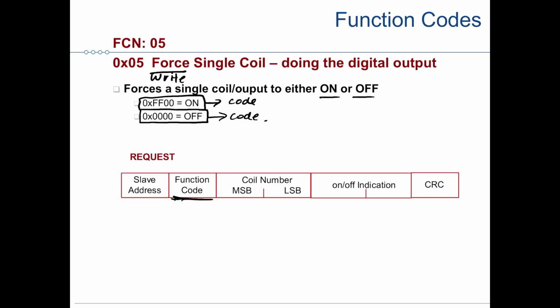So when we go to a 05 function code, we can see it's formatted this way right from our handout, with 1 byte value here, 1 byte value here, 2 byte coil number, 2 byte on-off indication, and that comes directly from here, right? It's a 2 byte value of FF00 if you want to turn it on, and it's a 2 byte value of all zeros if you want to turn it off. And then of course you have your 2 byte CRC.